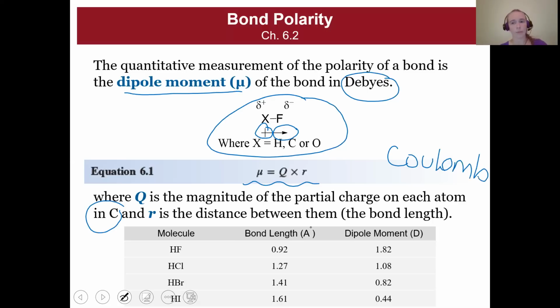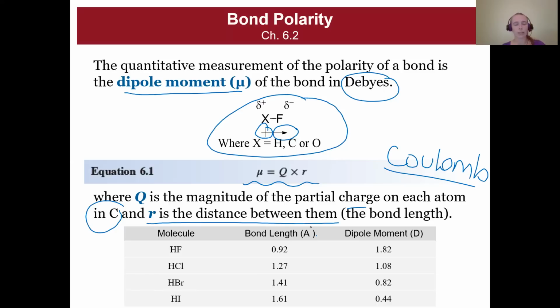He actually has an SI unit named after him called the coulomb, which is a unit of charge. So we have the magnitude of the partial charge on each atom in coulombs, and that's multiplied by the distance between the two atoms, which is also known as the bond length.